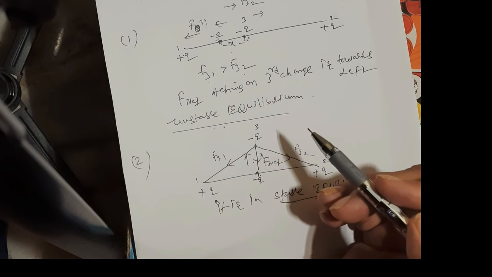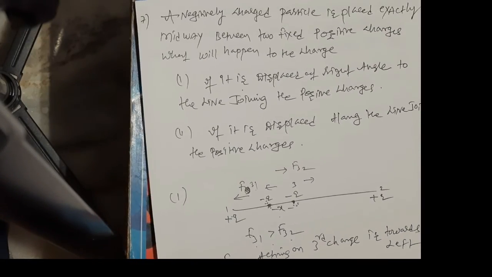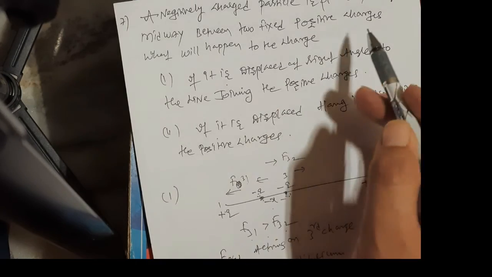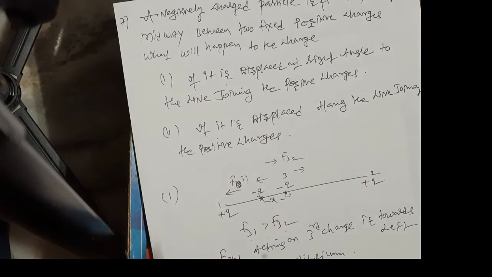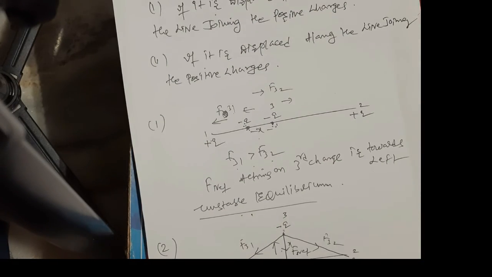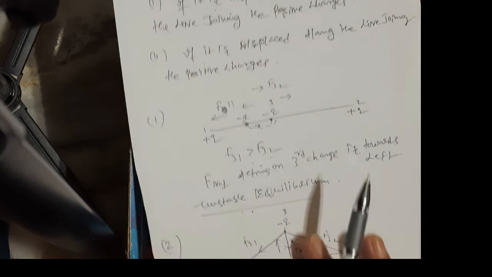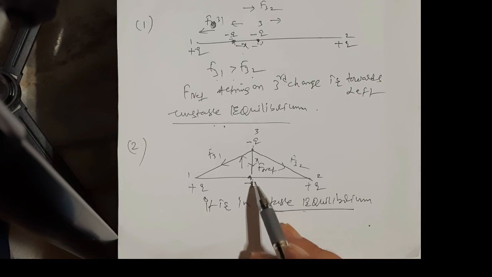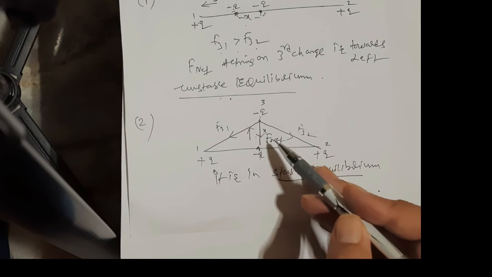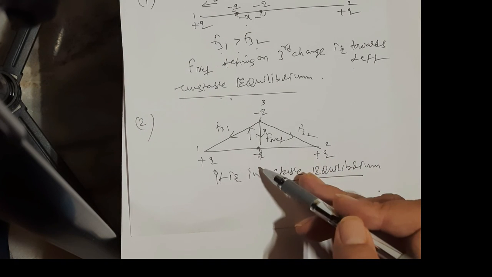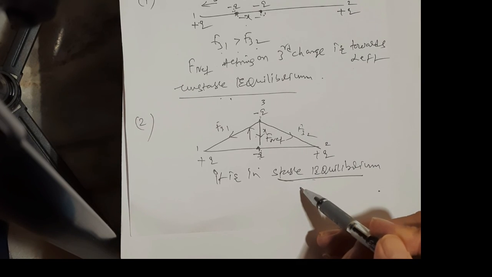So what is the question here? Once again, the question is: a negatively charged particle is placed exactly midway between two fixed positive charges. What will happen to the charge? In the first case, if the particle is displaced at right angles, the particle again comes to the mean position, the net force acts towards the mean position, and the particle is in stable equilibrium.